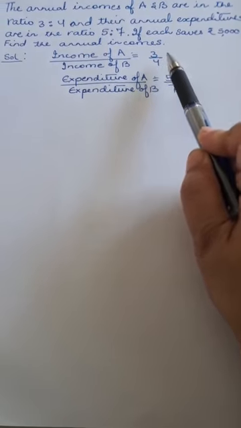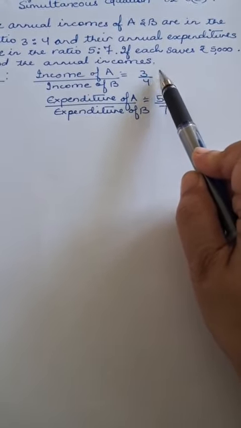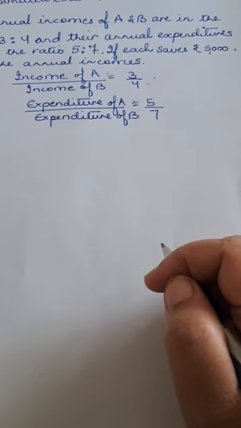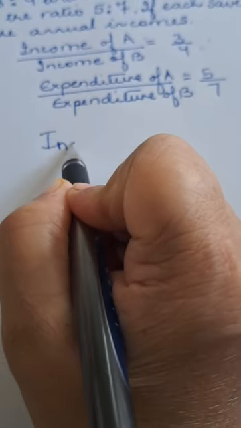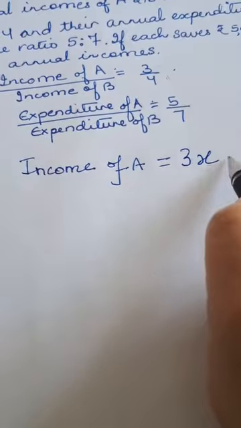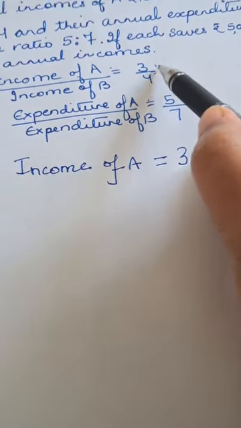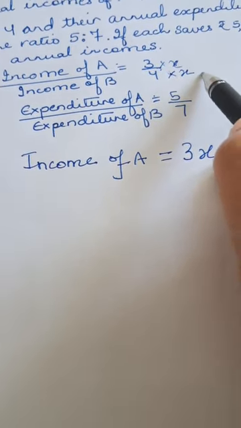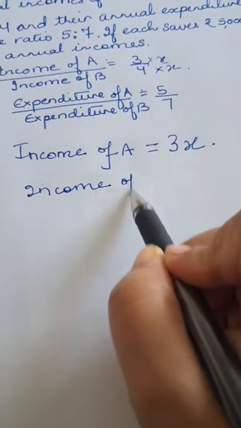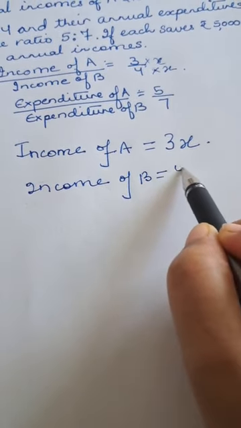So if I multiply 3:4 by x up and down, income of A will become 3x because I have multiplied this ratio with x. Same way, income of B will be 4x.